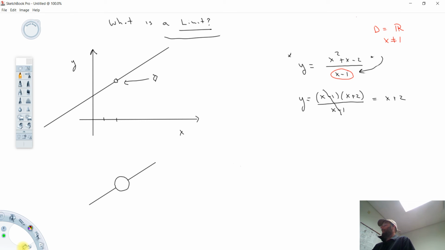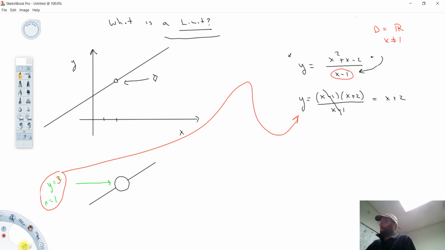And the y value here would have been, I'm sorry, not 2, 3, when x equals 1. But this is not part of the graph of that equation.